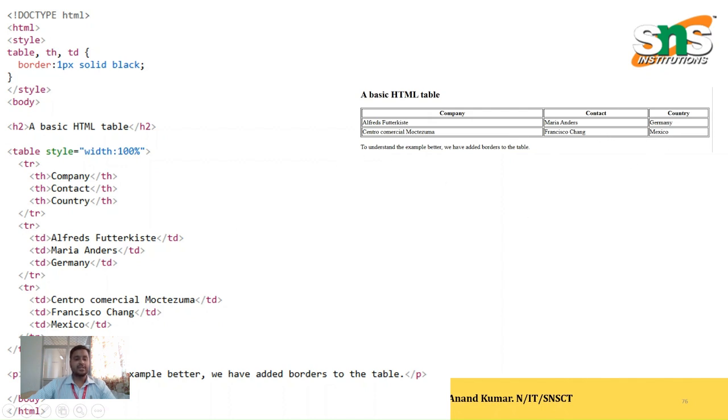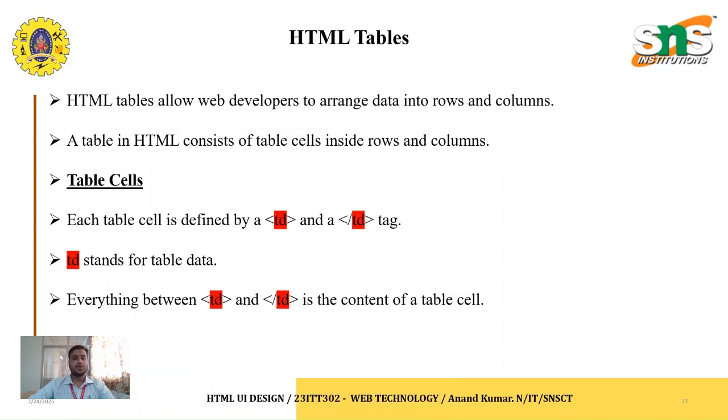And the remaining thing, that is, to understand the example better, we have added borders to the table, is displayed as an explanation, but it is not considered an attribute, it is considered a paragraph tag. So this will be the explanation for the previous table. HTML tables allow web developers to arrange data into rows and columns, and a table in HTML consists of table cells inside rows and columns.